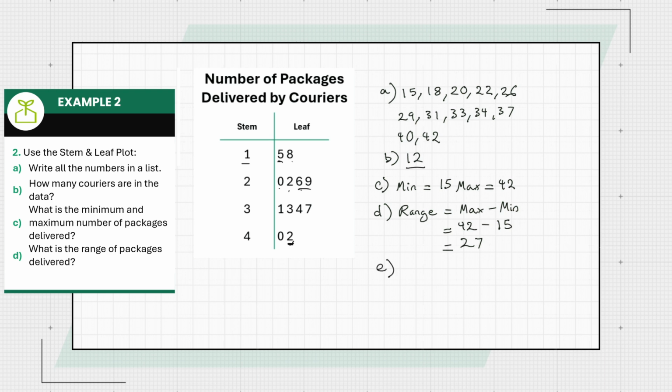Alright, so now for E we're going to find the median, and in order to find the median, we need to recognize that our number of data values is even. That means we need to have two central values, add them together and divide them by 2. So what are our two central values going to be? They're going to be our 6th and 7th value.